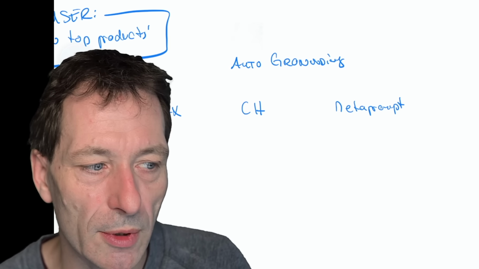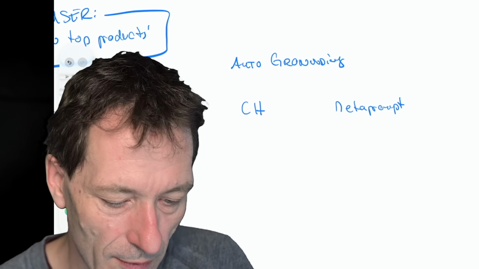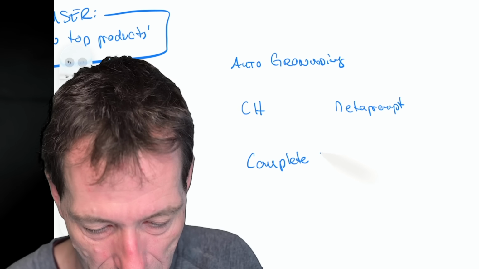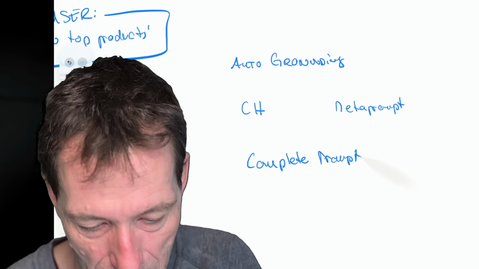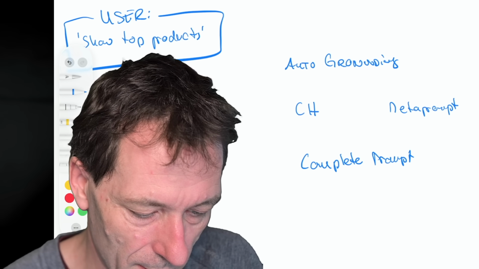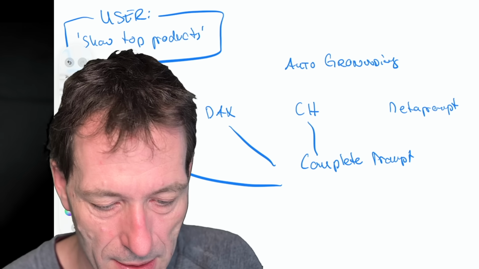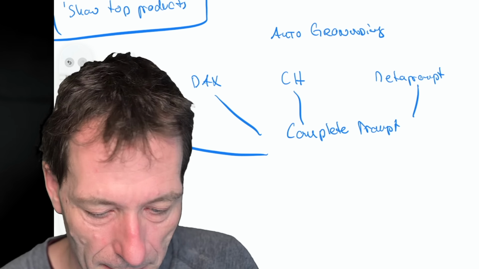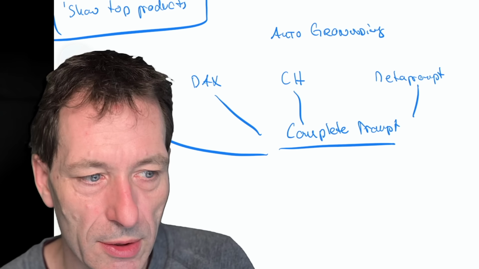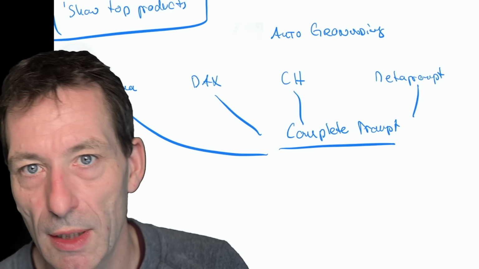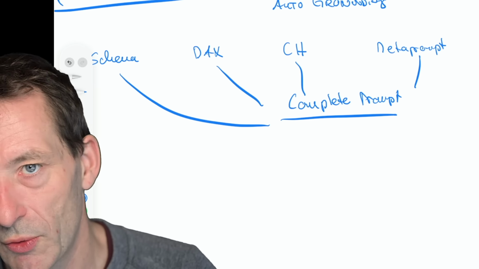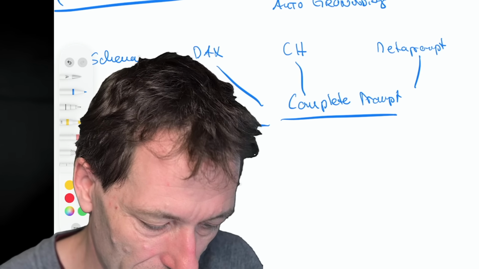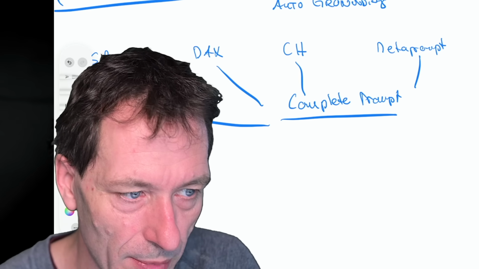You are a helpful agent and so on. So the complete prompt is assembled through the schema, the DAX measures, the history, and the meta prompt. Meta prompt, you are a helpful agent, schema, your products, measures, the total revenue, chat history, everything you talked about with the Copilot. So let's assemble that for real.